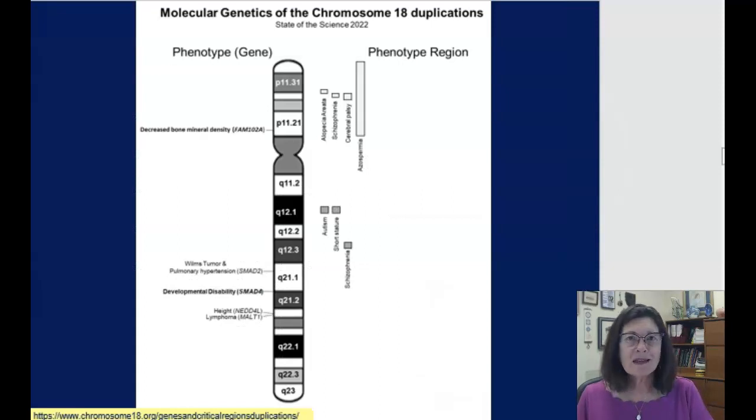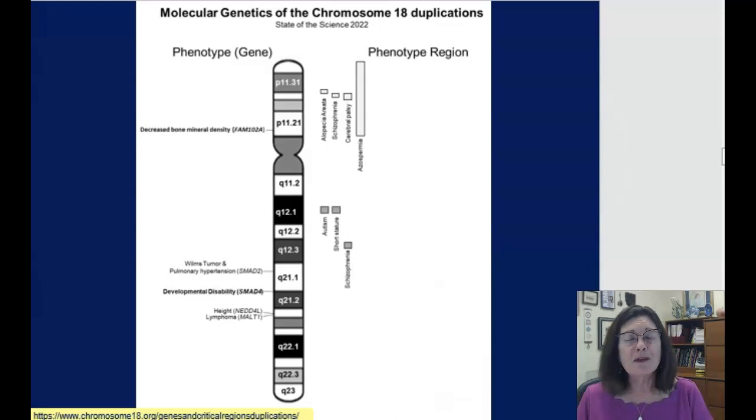Likewise, the exact same thing is there for a gene dosage map for the duplications. What you can see, though, is we know a lot less about the duplications and the specific genes involved in trisomy 18. This is a major area of work for us now.